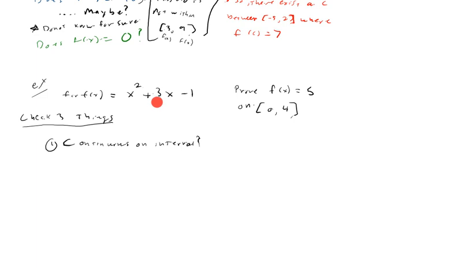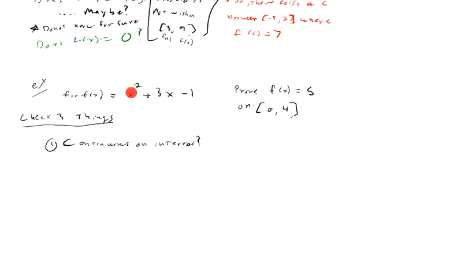Are there any breaks or jumps? It's not a piecewise function. Nothing crazy going on. So no breaks, no holes, no jumps, no discontinuities in this equation. In fact, it's a regular parabola. Over time, you'll get familiar with what kinds of equations have discontinuities and what types to look out for.